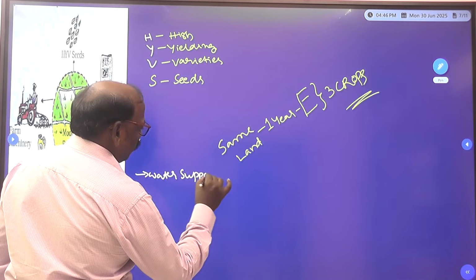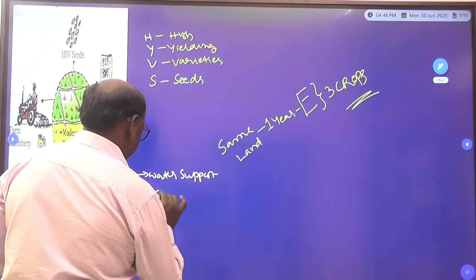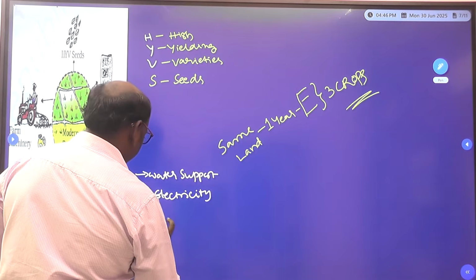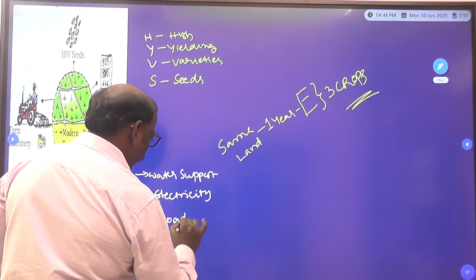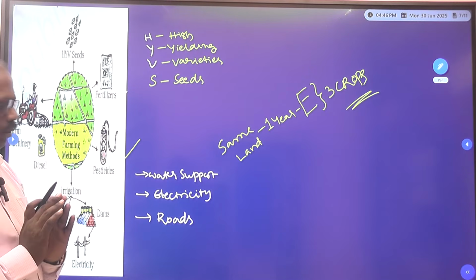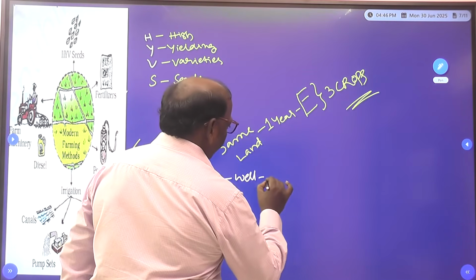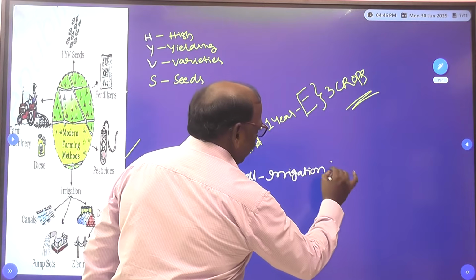Water support, and similarly electricity is there, and the roads are also very good. In Palampur, the village has a well irrigation system.